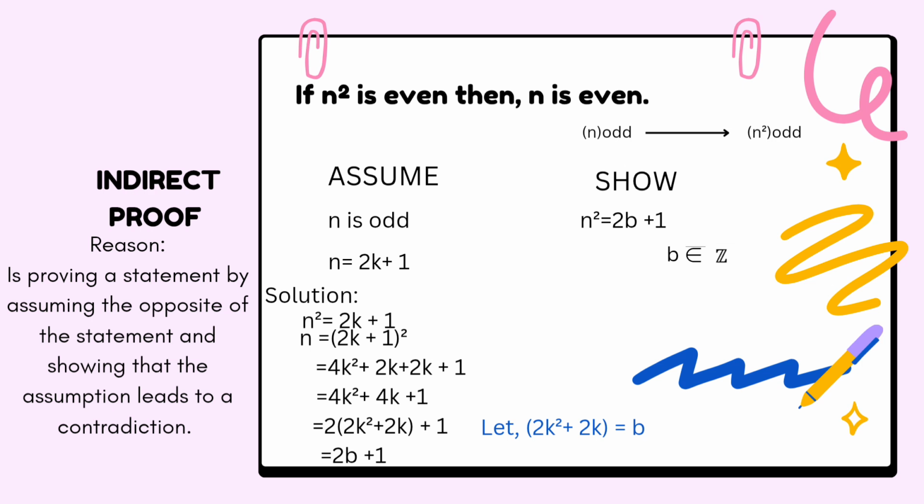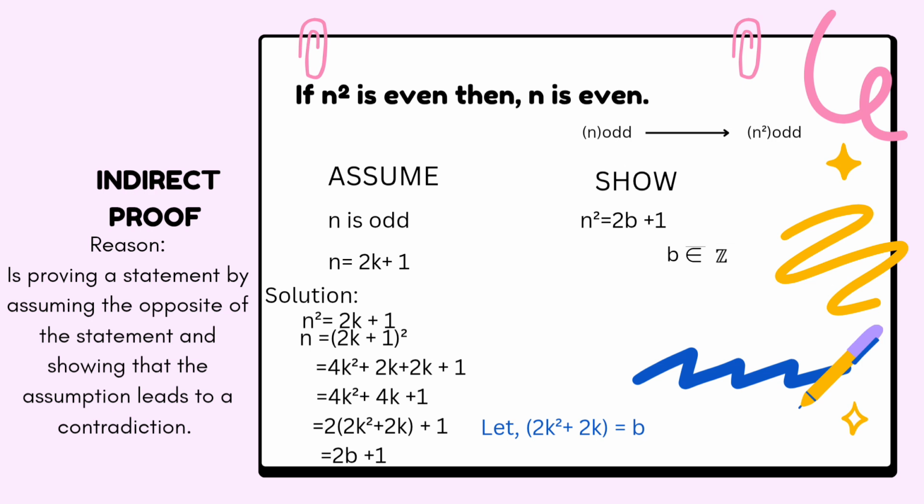So we use the n squared here. The value of n is odd, which is 2k plus 1. And then n squared is 2b plus 1, where b is an element of some integers. Now, to solve this, let us solve the n squared, where the value of n is 2k plus 1.